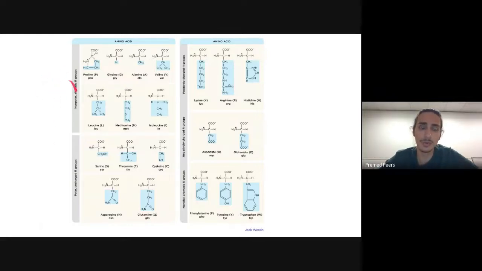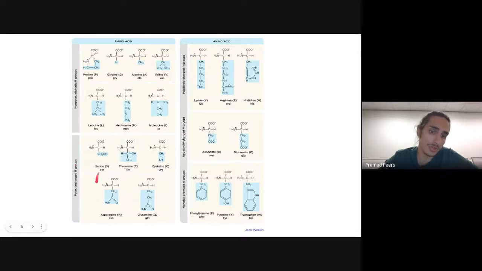We have non-polar amino acids. These could be aliphatic, meaning they're not cyclical, like the aromatics shown here. These amino acids correspond to the non-polar aliphatic R groups. Others are non-polar and aromatic, which you can see over here.